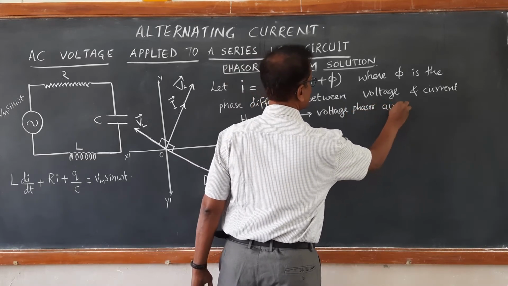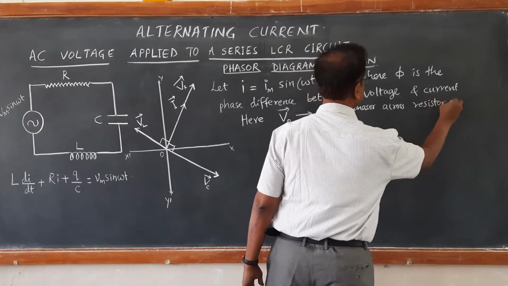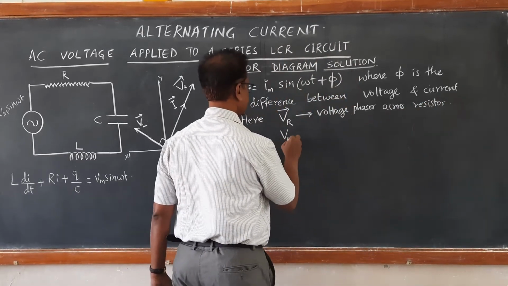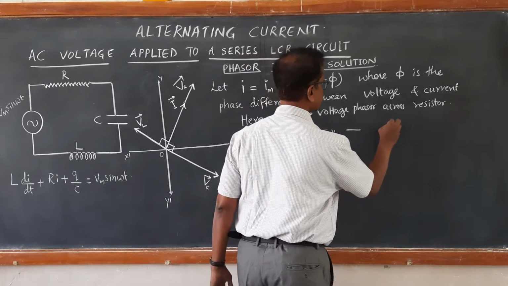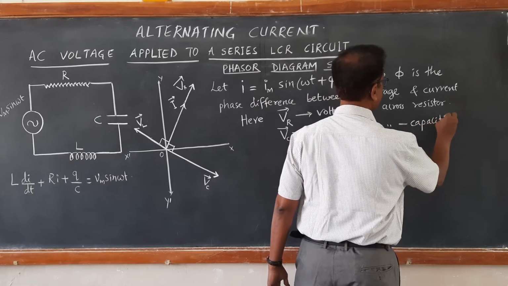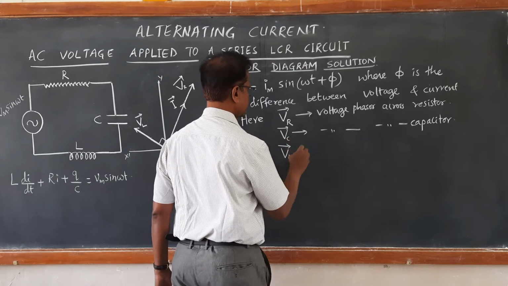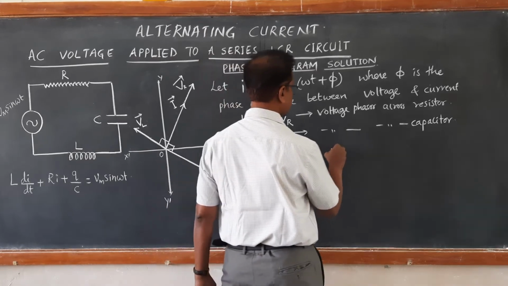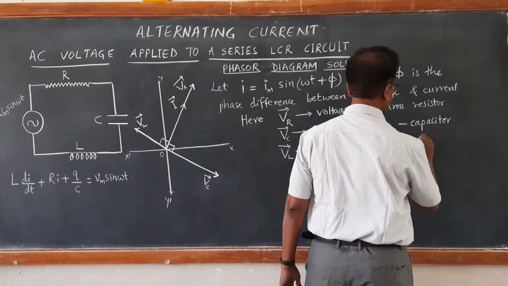across resistor, VC phasor, voltage phasor across capacitor. Similarly, VL vector is a phasor, voltage phasor across inductor.